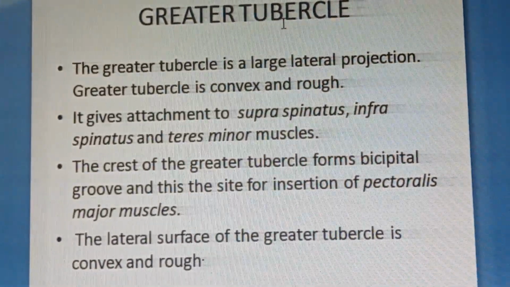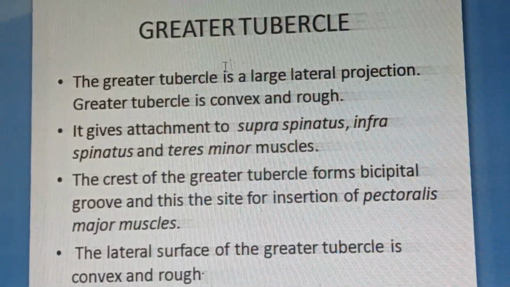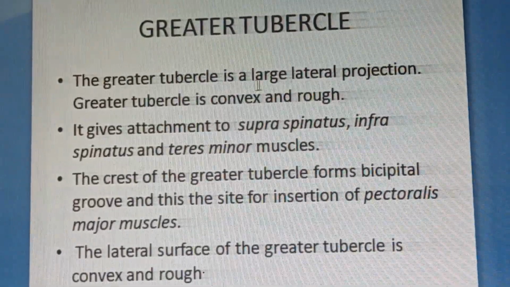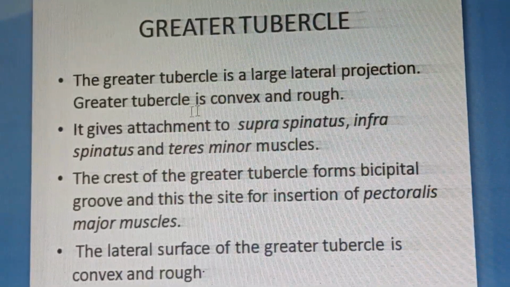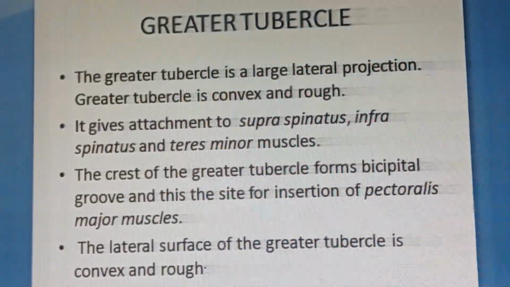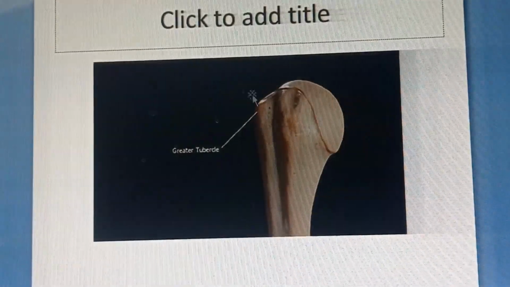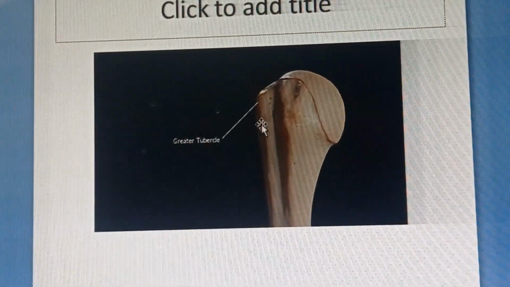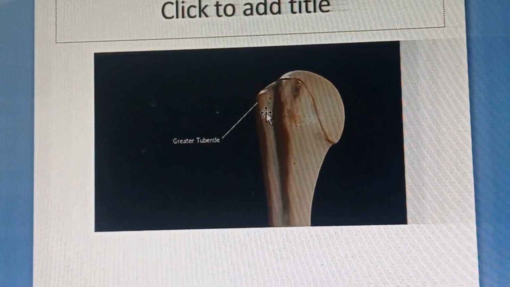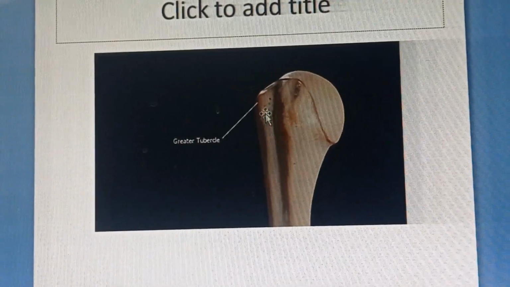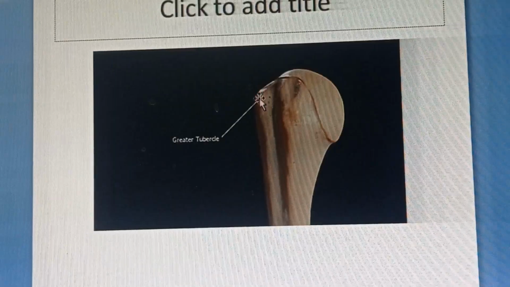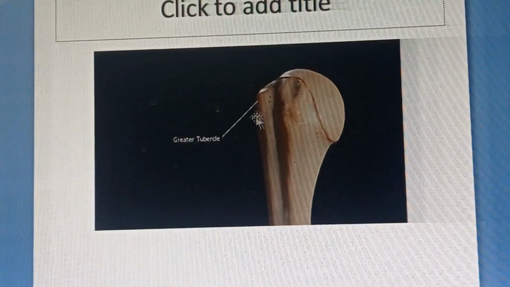The third landmark is the greater tubercle. The greater tubercle is a large lateral projection present on the lateral side of the bone. It is convex and rough. This lateral rough area is called the greater tubercle. This roughness is for the attachment of muscles.